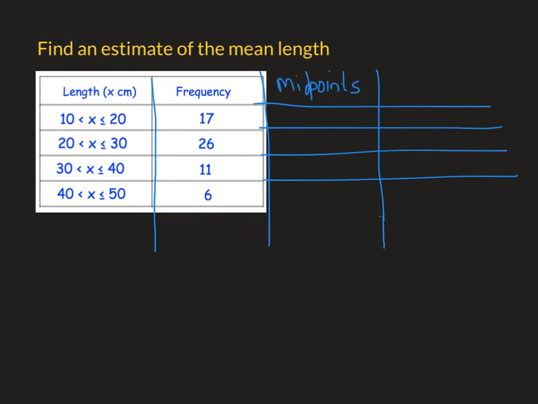So the midpoints between 10 and 20, add them and divide by 2. 30 divided by 2 is 15. 20 add 30 is 50, divided by 2 is 25. 35 for this one, 45 for this one.